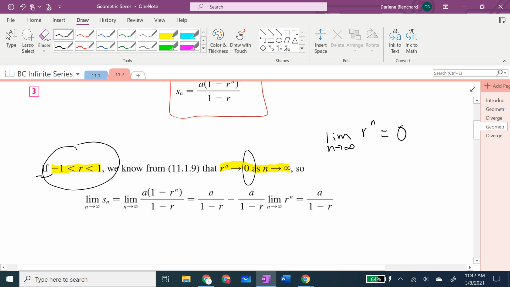And I'm hoping that you can think about that and it makes sense that if you multiply over and over again by a number who is positive or negative, but the absolute value of it is between 0 and 1, if you just look at a positive number and you keep multiplying by a number between 0 and 1, you're making it smaller and cutting it up into tiny little pieces.